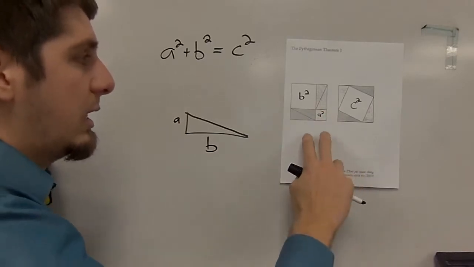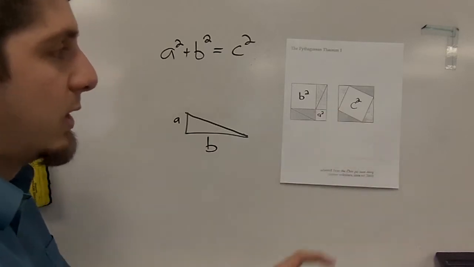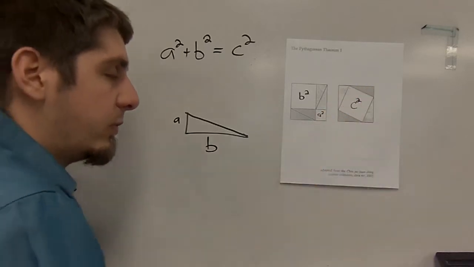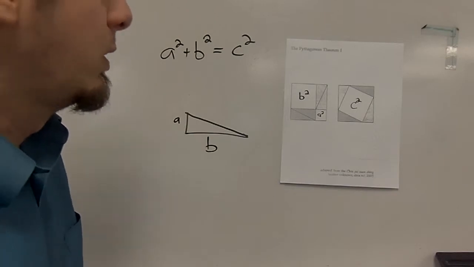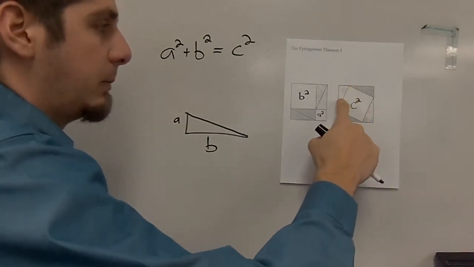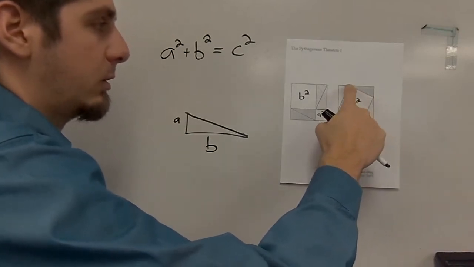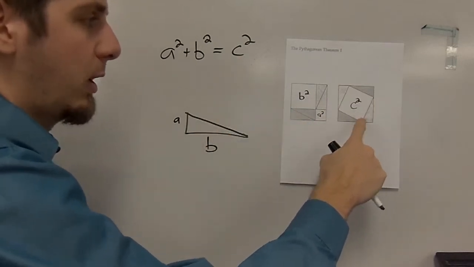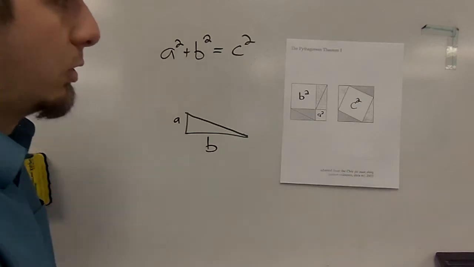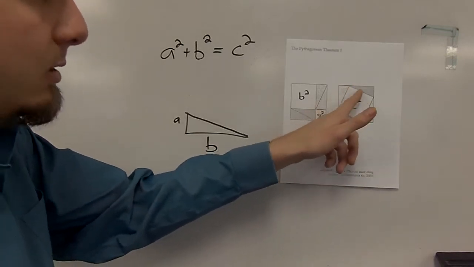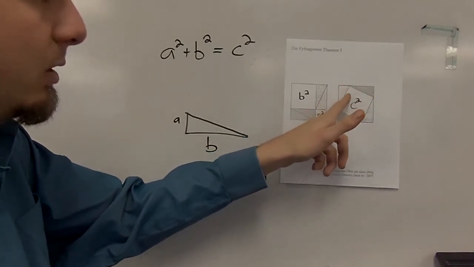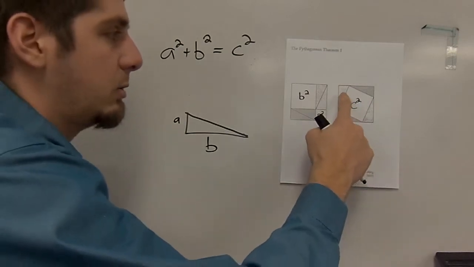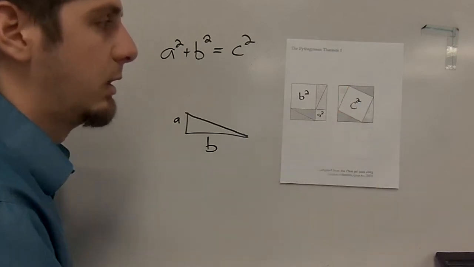In this identical square with identical right triangles, we've created a square using side c, or the hypotenuse of each right triangle. Since each side of the square has a length of c, to find the area of that square, you would do c times c and get c squared.